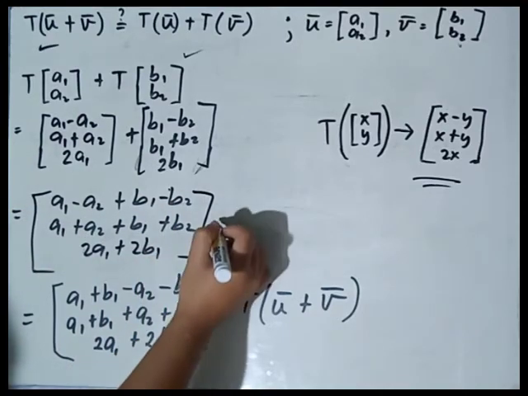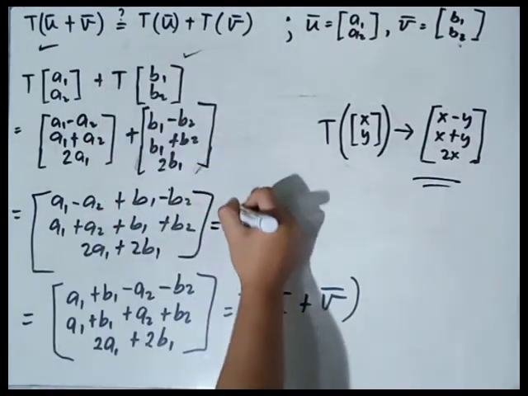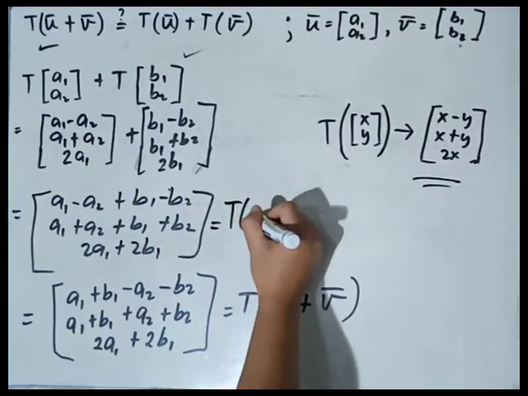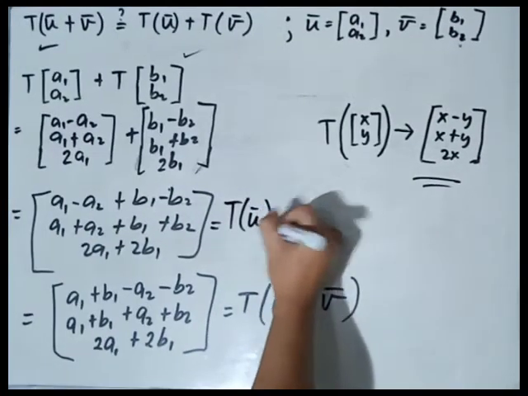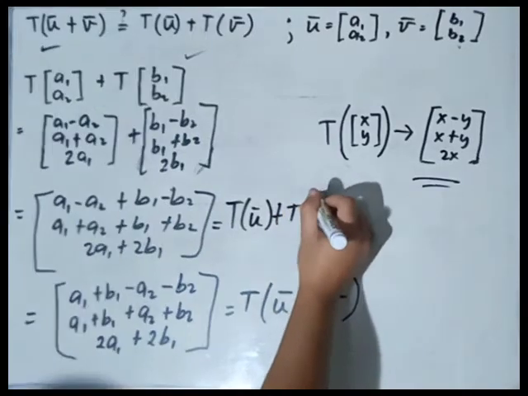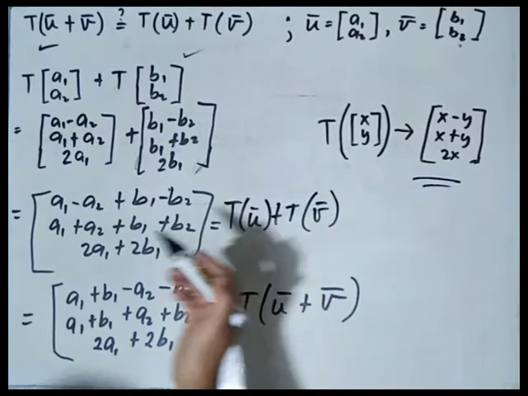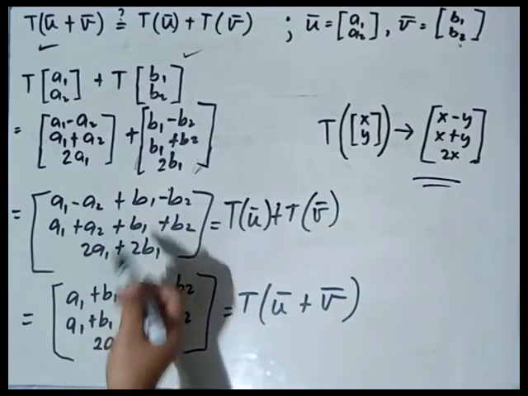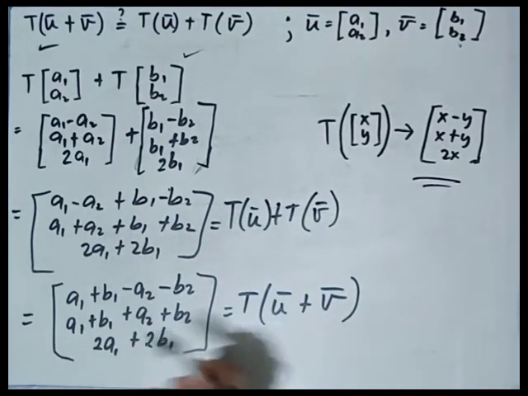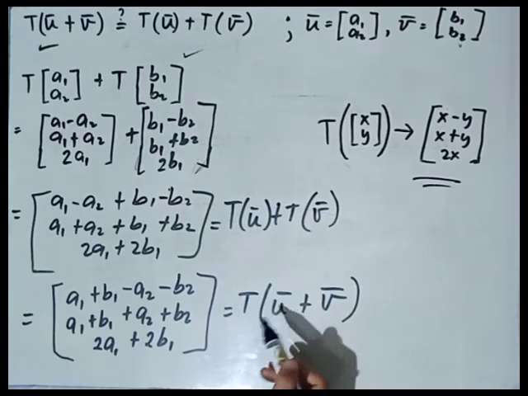So that is equal to the transformation of vector u plus the transformation of vector v. So we'll check now if this is the same as the transformation of the sum of the two vectors.